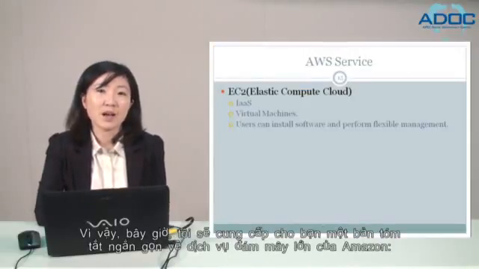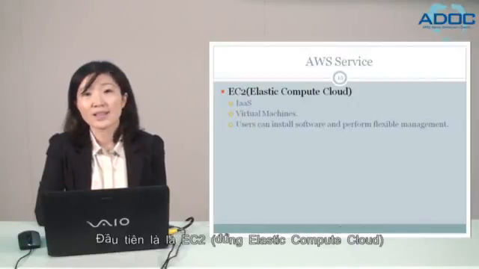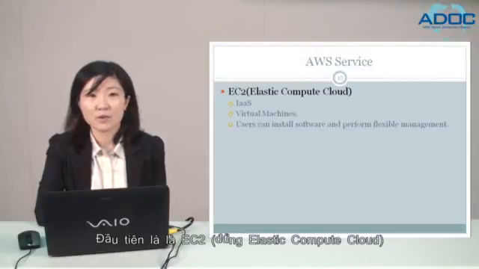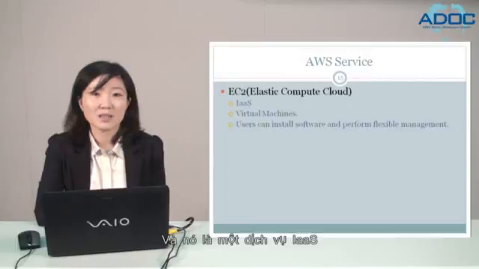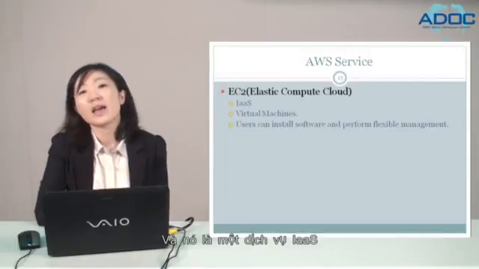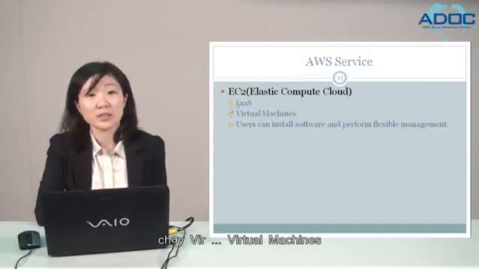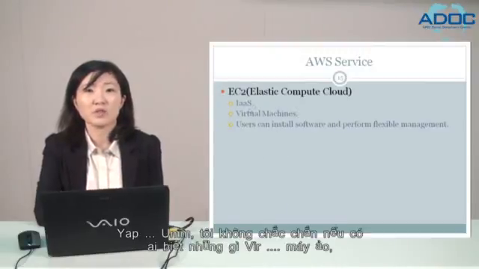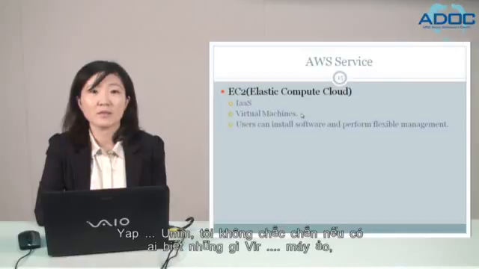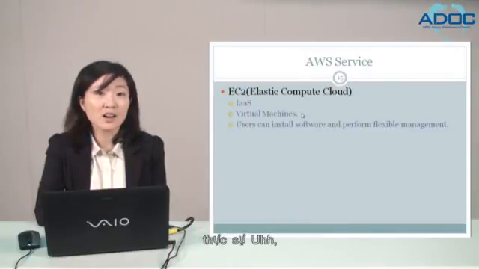So now, I will give you a brief summary of Amazon's major cloud services. The first one is EC2, which stands for Elastic Compute Cloud, and it is an IaaS service that runs virtual machines. I'm not sure if anyone knows what virtual machines are.